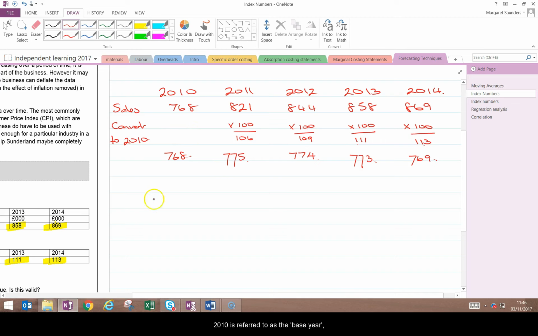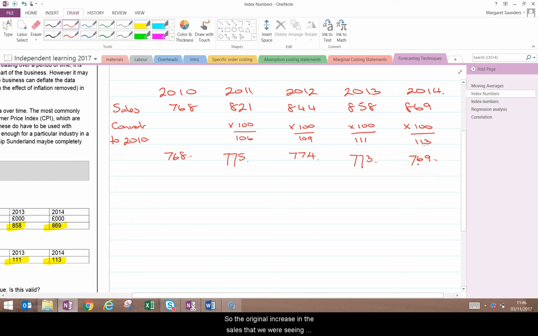2010 is referred to as the base year, because we've taken all the figures back to 2010 prices. Now, if we look at our sales, we can see that there was an increase between 2010 and 2011, after which the sales are actually declining.